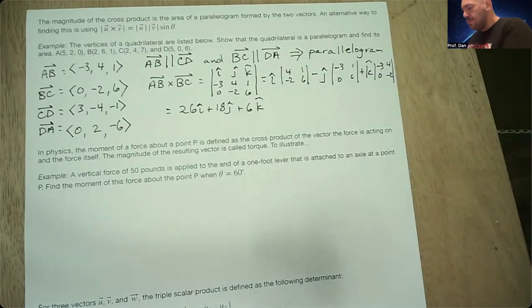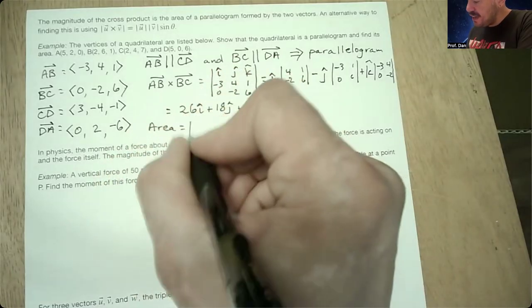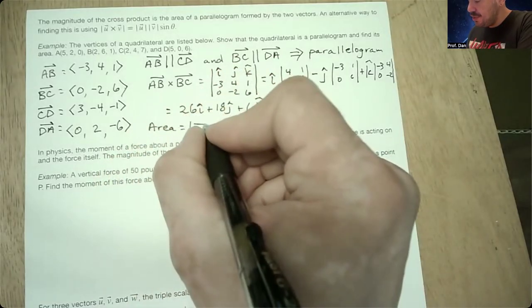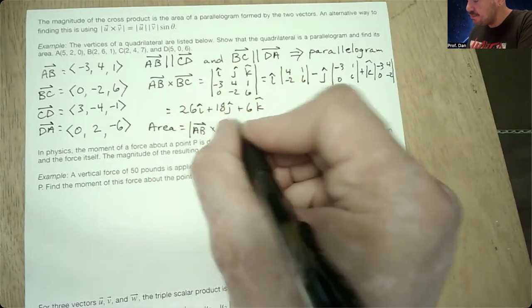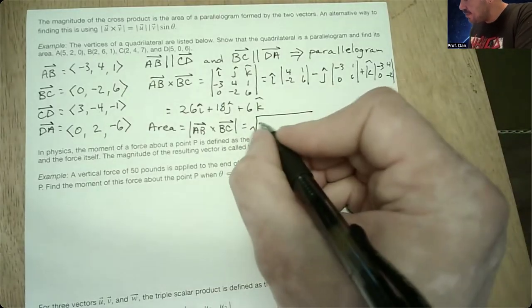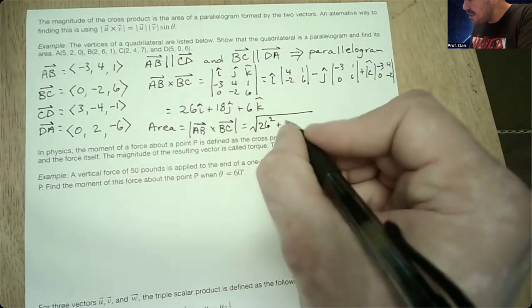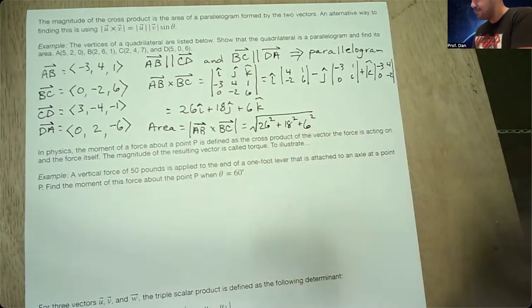So to find the area of this parallelogram, we're going to find the magnitude of the cross product we just calculated. That's going to be the square root of 26 squared plus 18 squared plus 6 squared.